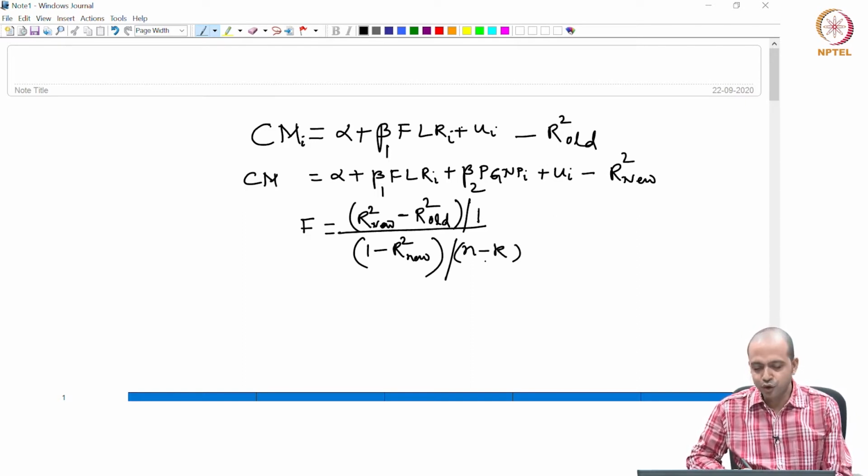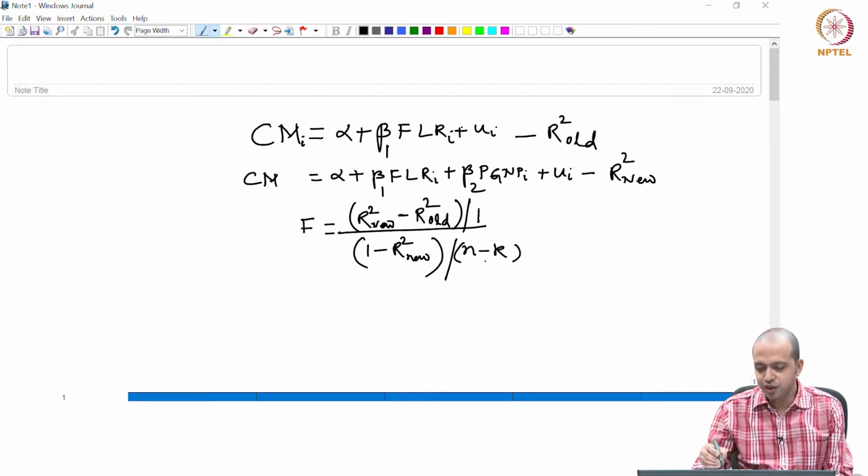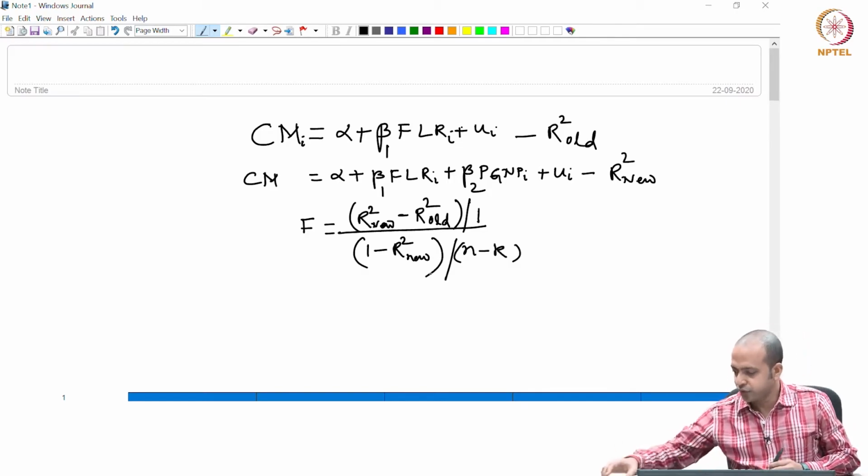Now, we will estimate the model and put the values of R square new, R square old, n and k in this function, then we will get the calculated value of F, right.